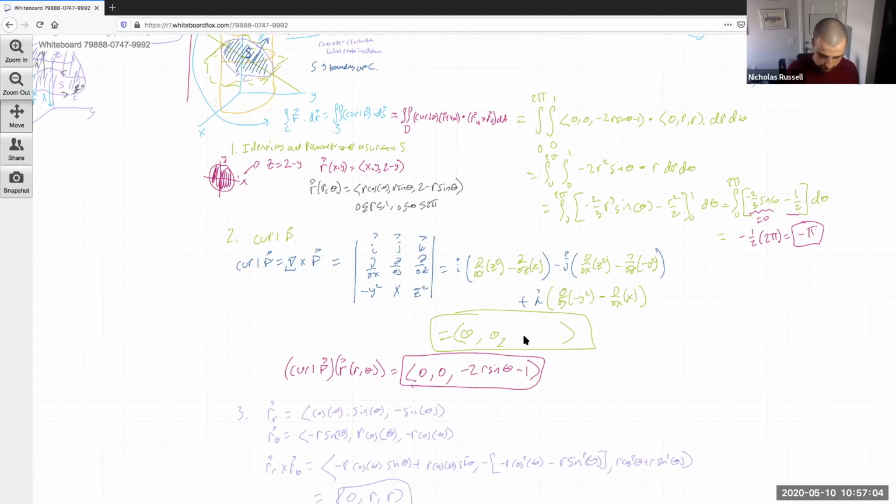If I was to do this correctly, this should have been the derivative of x with respect to x minus negative y squared here, which should just be 1 plus 2y. So this whole thing would become positive. So in total, this entire thing should be positive.